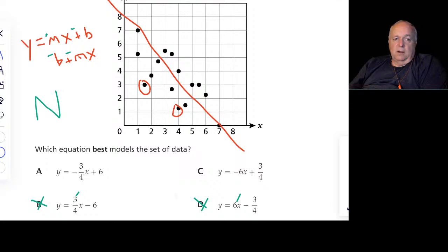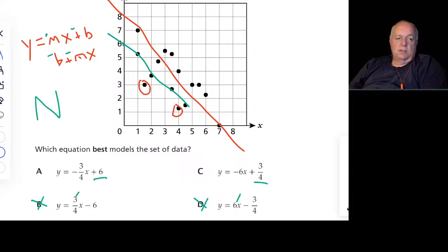The second thing we can do is that it gives us the b. Okay, that's 6 is the b, and this 3/4 is the b. So that's the y-intercept. When x is 0, that's where it's going to be. So this line actually came to here, so perhaps a better way to have drawn it was probably that.